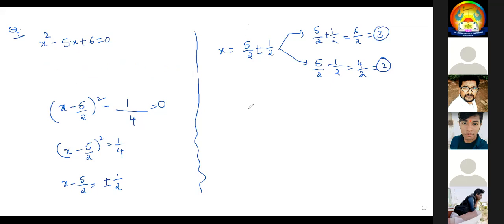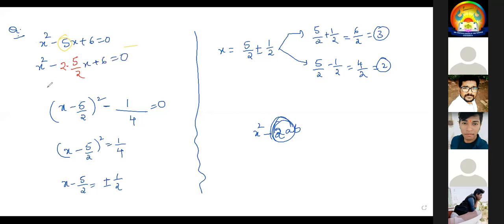See, actually, x square minus 2ab. That means, if it is an even number only, we can write 2 into. Is it an even number? Look. No, it is not an even number. Then how can we split? It can be written as x square minus 2 into 5 by 2 into x plus 6 equal to 0.